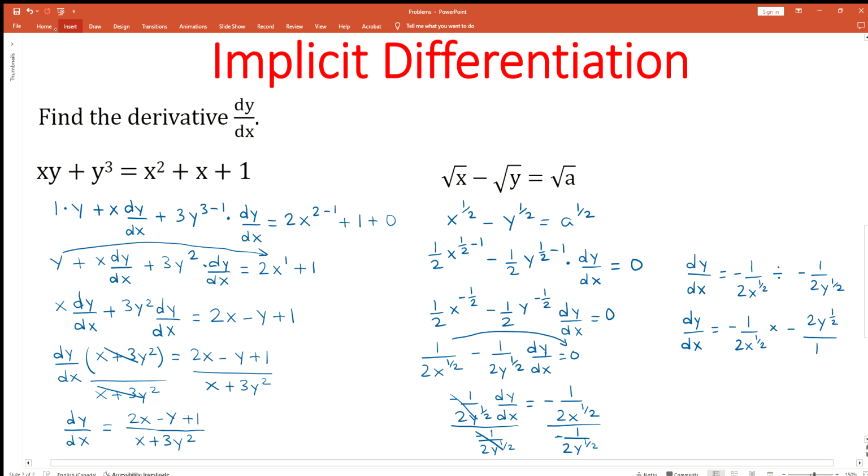Next, we can multiply these fractions. The result will be a positive fraction because the product of two negative fractions is a positive fraction. We should multiply the top terms and the bottom terms. We can cancel out the 2's. Next, we can change the rational exponents 1 over 2 to square root.